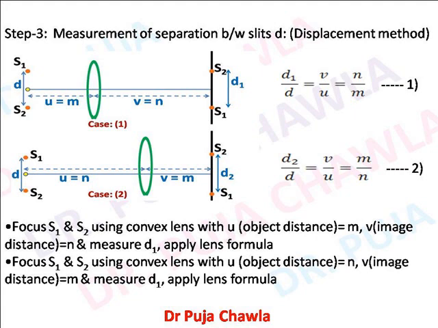Height of image divided by height of object is equal to distance of image divided by distance of object. That means d1 by small d is equal to v by u, that is n by m. Label it as equation number 1.